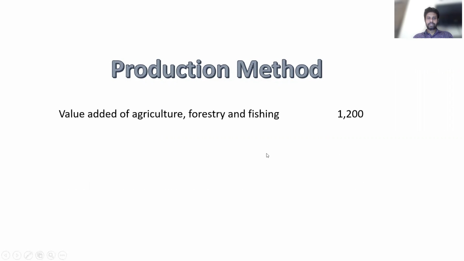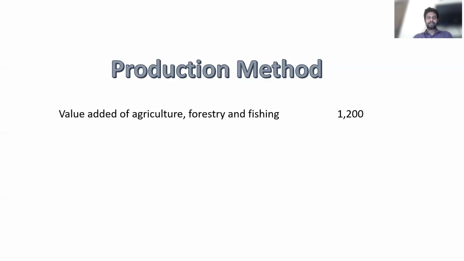In here, we do add all the sections in the industry. Agriculture, forestry, and fishing are three primary sector production. Then we look at value added.